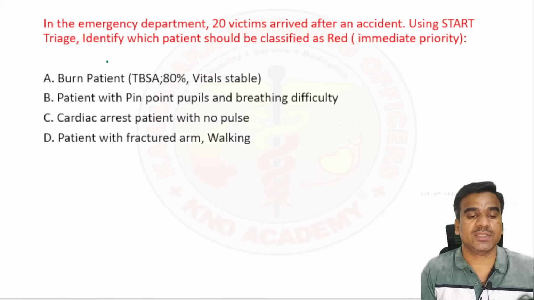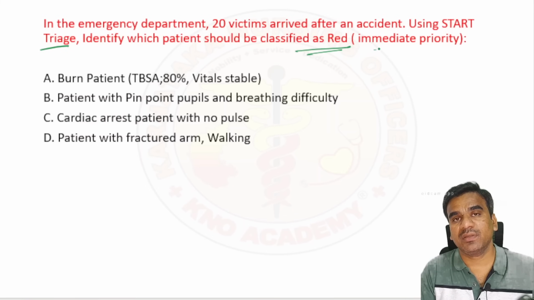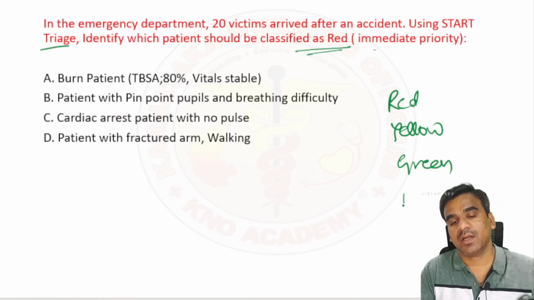Next, in the emergency department, 20 victims arrived after an accident, using START triage. Identify which patient should be classified as red, meaning immediate priority. In triage we see red, yellow, green, and black. Black means death.